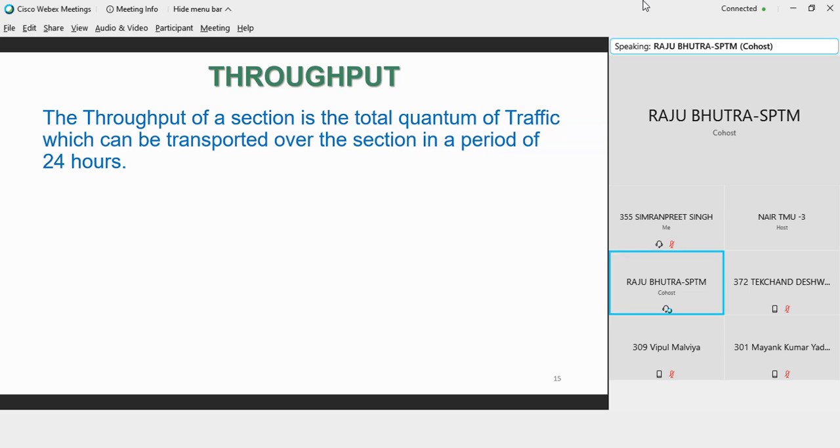It was the number of trains, which may be empty, loaded, passenger trains, mail express trains. All kinds of trains which can be passed in 24 hours, that was the line capacity. Throughput is the quantum of actual traffic, which may be passengers or goods, that can be transported over the section in a period of 24 hours.